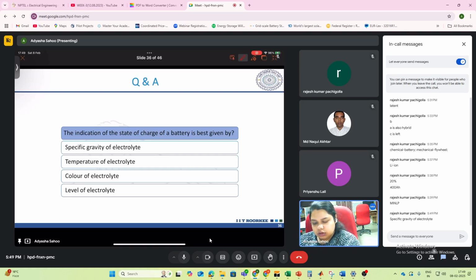So the SOC you obviously cannot see by the temperature or the color, or the level of electrolyte, because electrolyte is nothing but a liquid kind of solution. The level of electrolyte is basically the volume of solution, so looking at that also you can't say. So basically it is the specific gravity of the electrolyte.